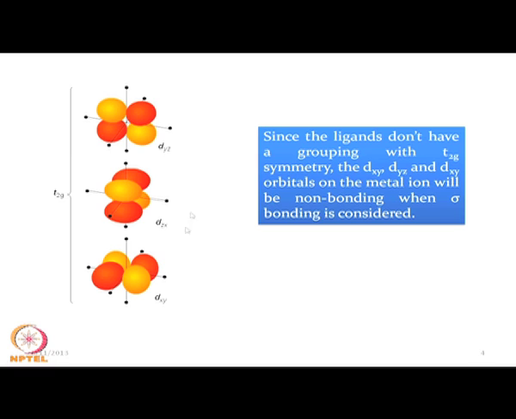But unfortunately these three orbitals will remain as a standby, and since we do not have matching orbitals corresponding to these, we do not have any kind of sigma interaction with these orbitals.